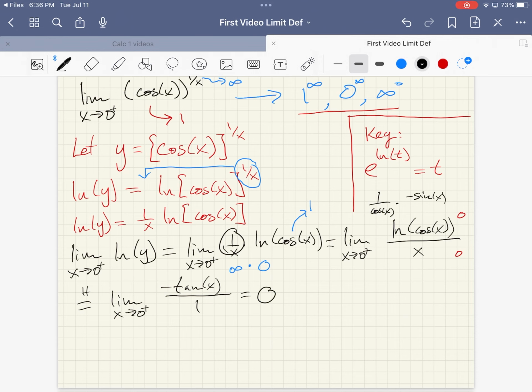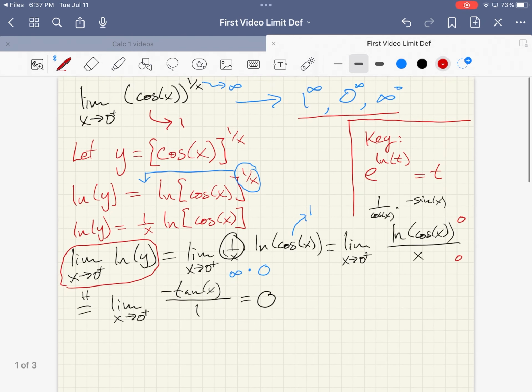Now, I've got to point something out. This is not our answer, because what we have found is the limit of the natural log of y, not the limit of y. See, we let y be this function here, right? So y is this function right here. But what we have found is the limit of the natural log of that function.